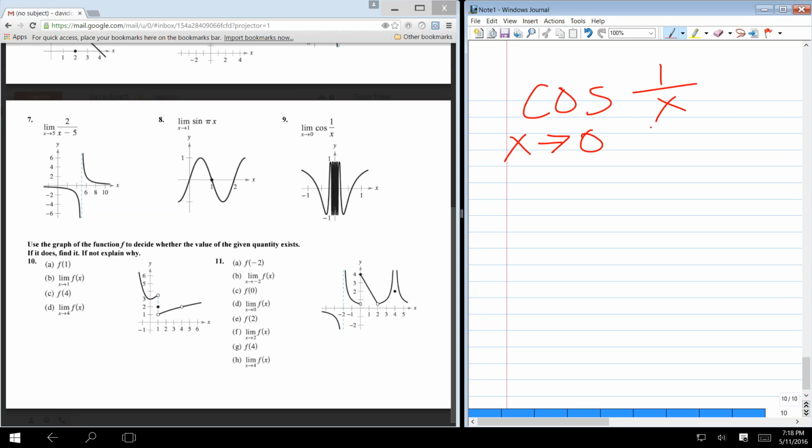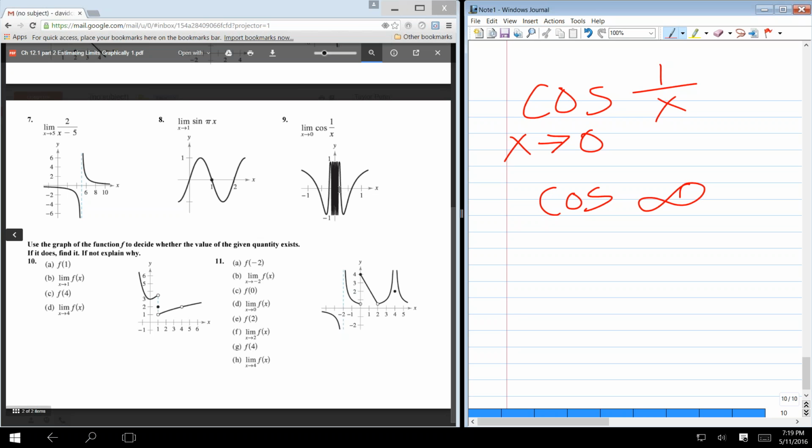I'm saying that I've got 1 over 0, right? So I'm basically saying, what is the cosine of infinity? Since infinity is not a number but a concept, the cosine of infinity merely fluctuates between -1 and 1. And that's what this thing is doing as we approach 0.